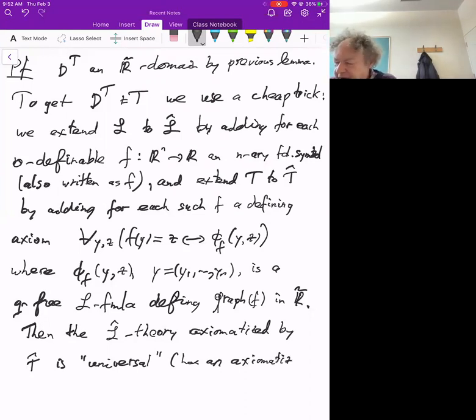In some sense, these defining axioms are all universal sentences in the new language, and probably that is already a universal axiomatization of the theory. Anyway, it has an axiomatization by universal L hat sentences.